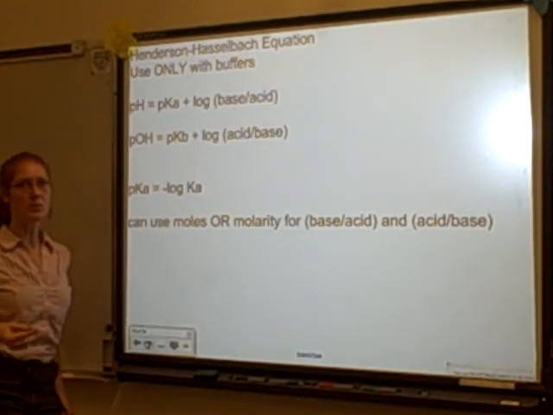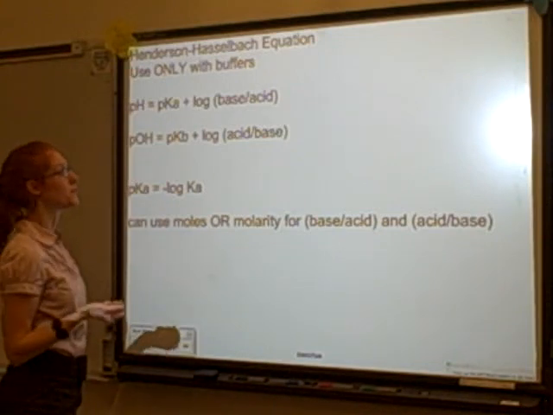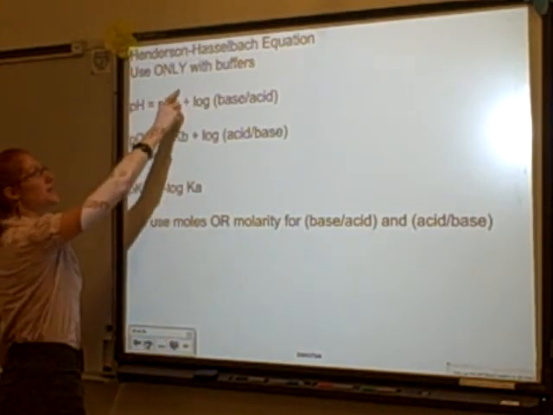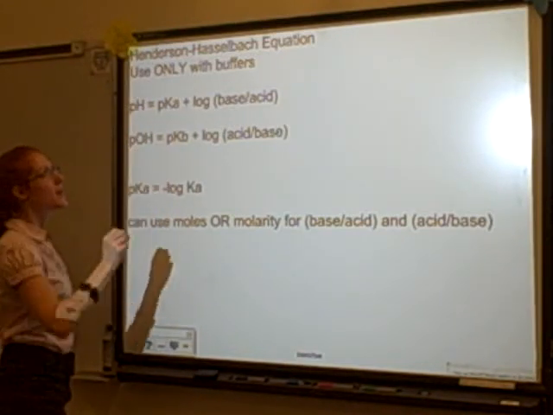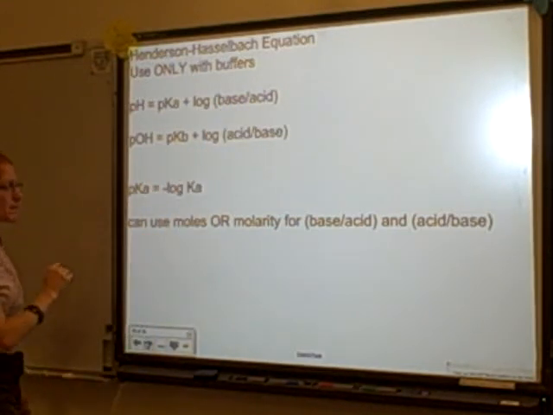Ka being the equilibrium expression for acids, Kb being the equilibrium expression for bases. So your pH will always be really similar to the negative log of the equilibrium expression, and then adjusted based on how much base and how much acid you have.